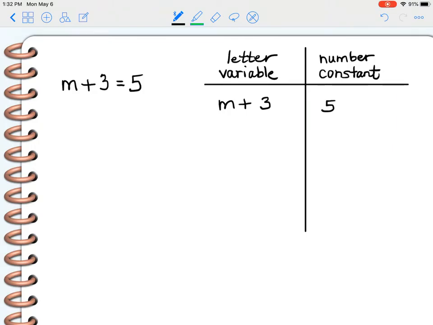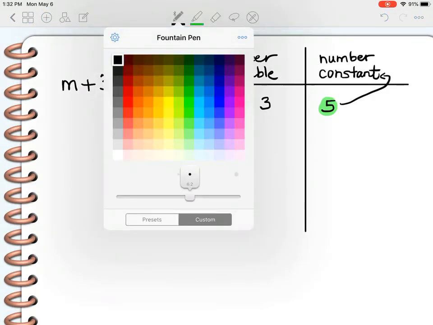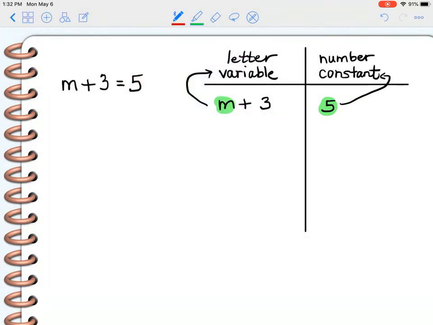Okay, so let's take a look here and figure out which term is out of place. The M is a variable, and it's on the variable side. The 5 is a constant, and it's on the right side already. So you see the plus 3, that's a constant. So it needs to be over there with the other constant. So how do I move a plus 3?